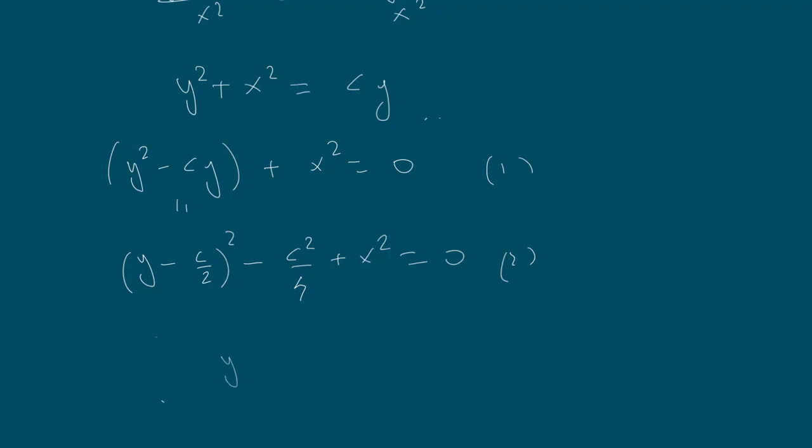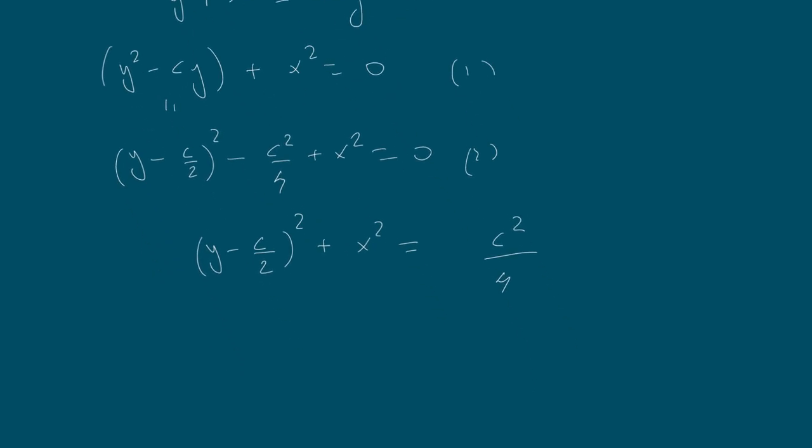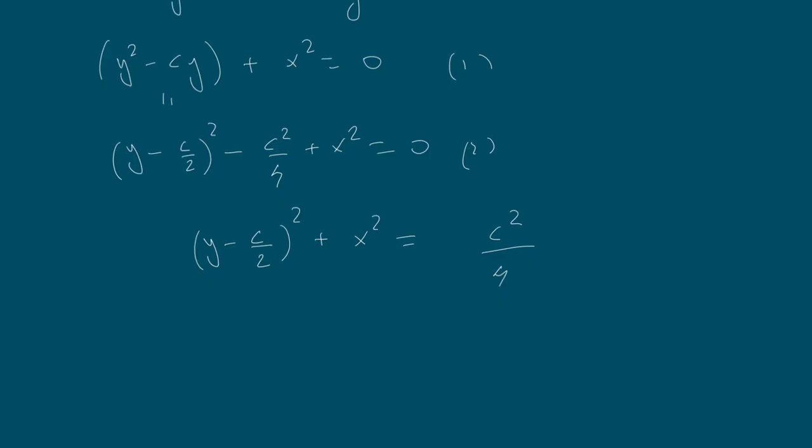So now I can see that y minus c divided by 2, squared, plus x squared is c squared divided by 4. Now we need to find who is c.